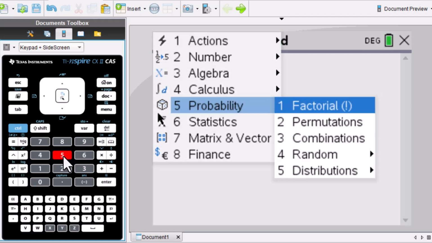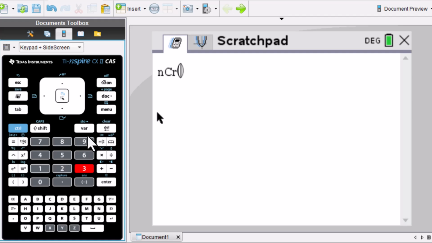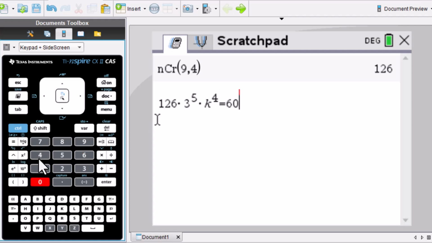Menu 5, 3, combination, 9, 4. Enter. 126 times 3 to the 5th power times k to the 4th power equals 6048.